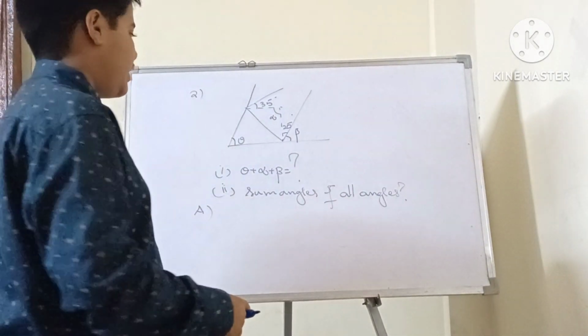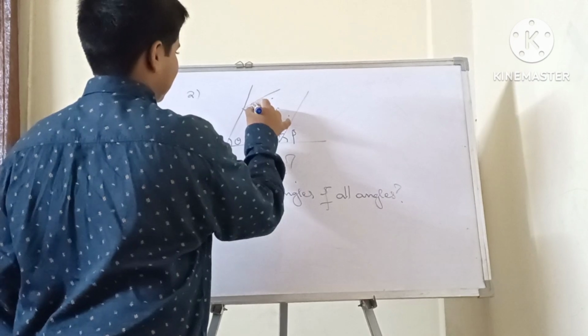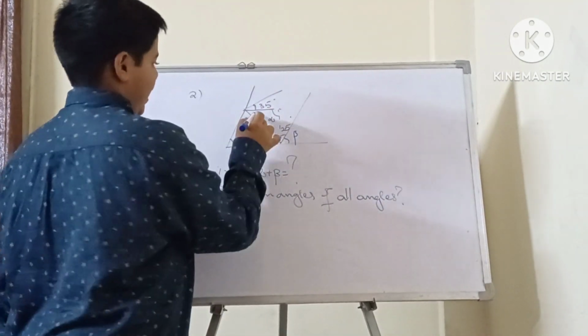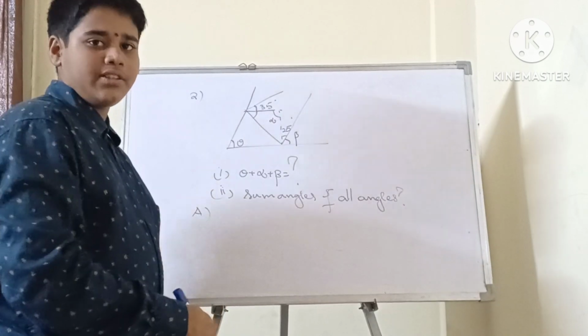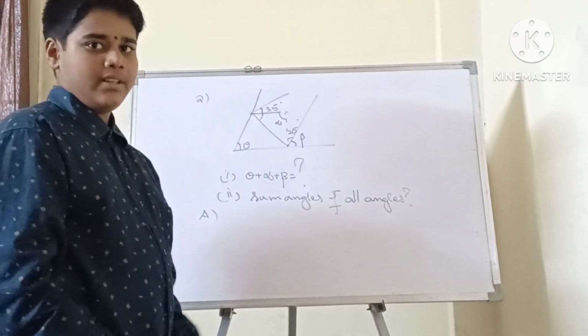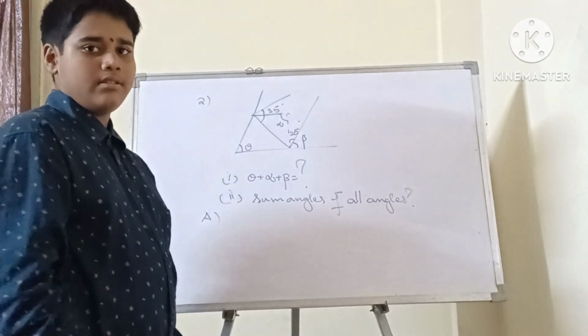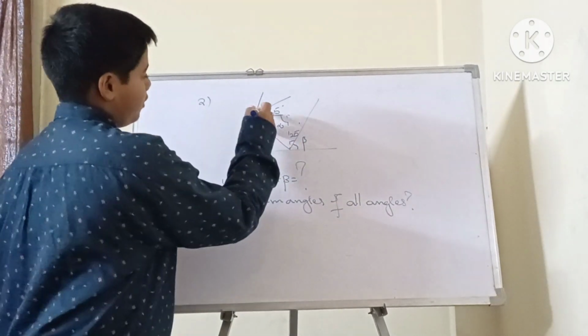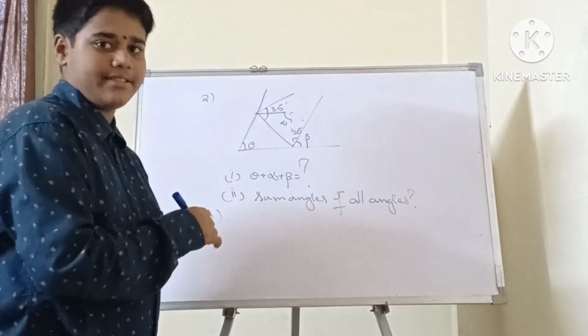Here this is the incidence angle 35 degrees and this is also 35 degrees according to the rule. So 35 plus 35, 70. 180 minus 70 is 110, because the full angle is 180 degrees.